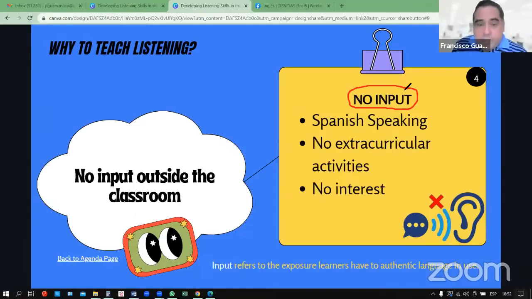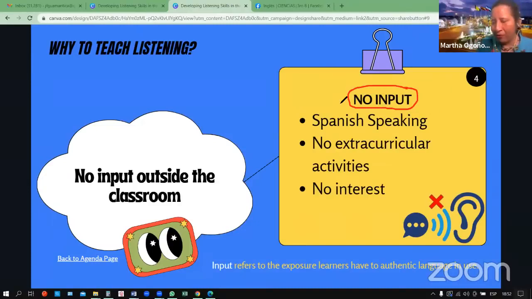Okay, so Marta, another point I would like to mention happened to me. There was a girl who took a placement test at a private academy. She was placed, I think, at the intermediate level.